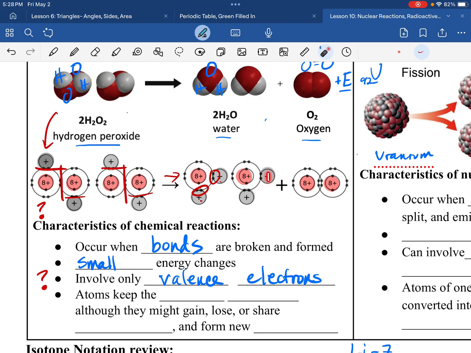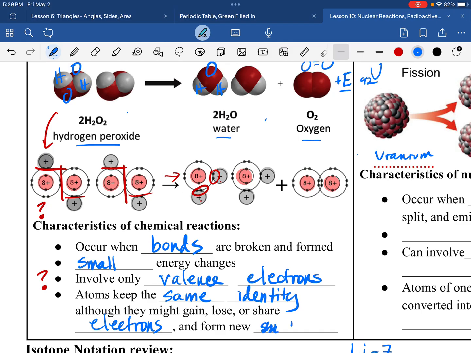And the hydrogen nuclei all still have 1 proton. So we can also then write that atoms keep the same identity, right? Oxygen is still oxygen after the reaction. Although they may gain, lose, or share electrons and form new substances.